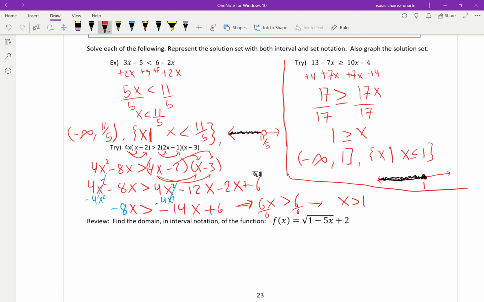Okay, so things that are bigger than 1, the interval notation for that is 1 to positive infinity. The set notation is x's such that x is bigger than 1. And the graphical representation of this set, I guess, looks something like this.